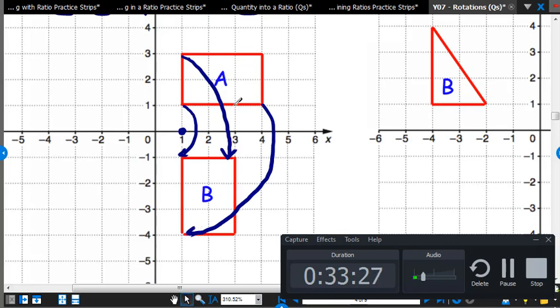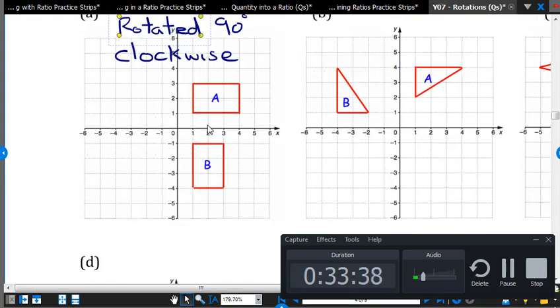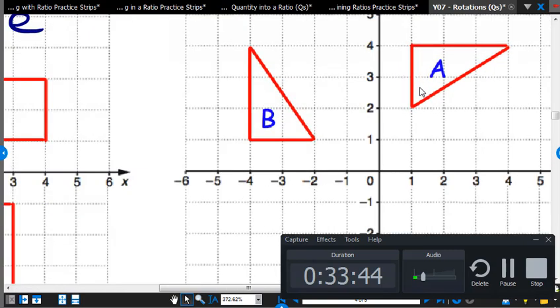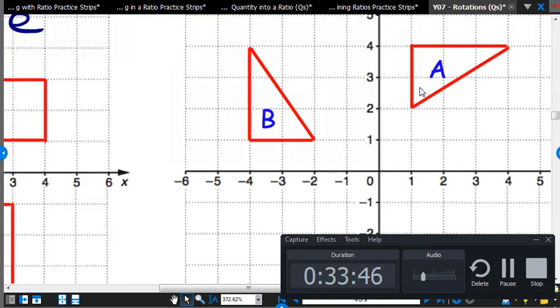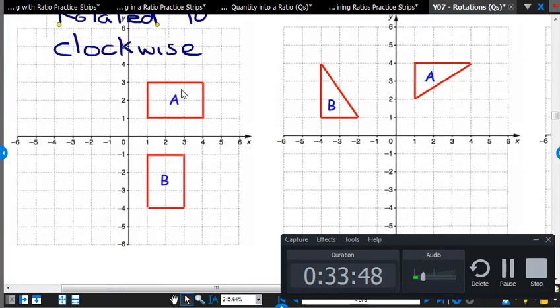There is an exact way of doing it, but you're not to learn it this year. You have to use compasses and bisect lines. So if the center of rotation is not obvious for you, I would say just leave it, but get the other bits in.